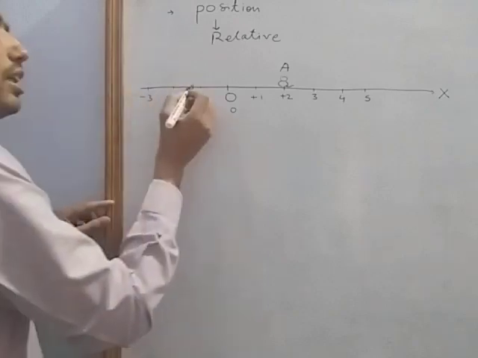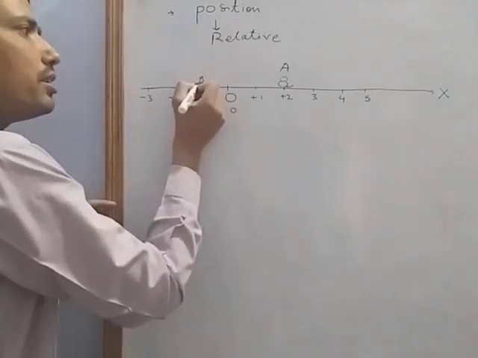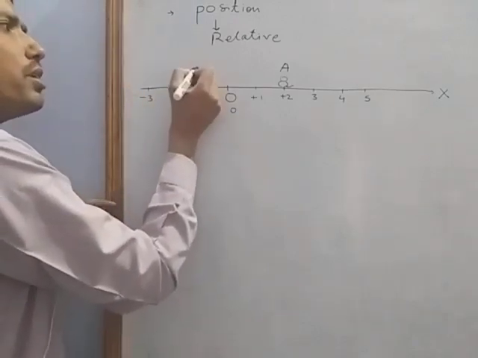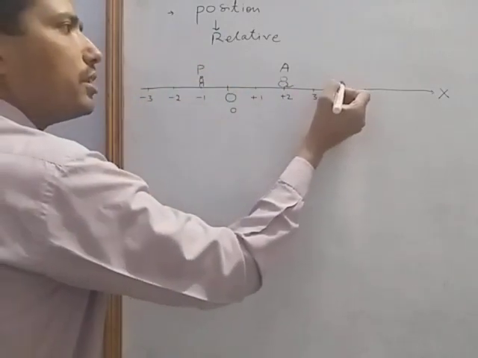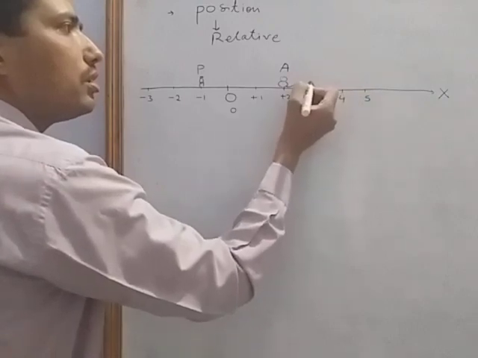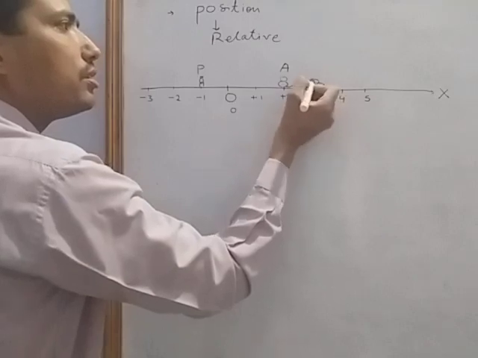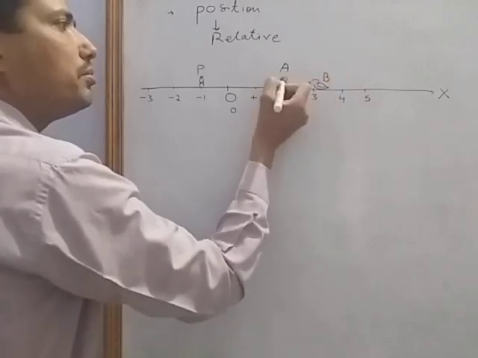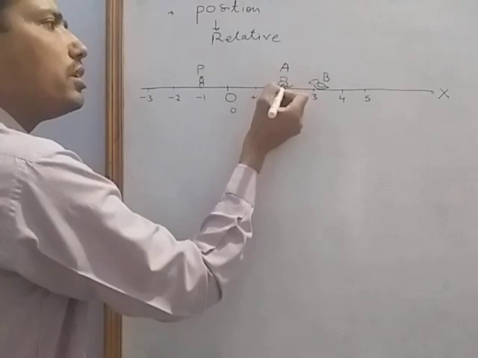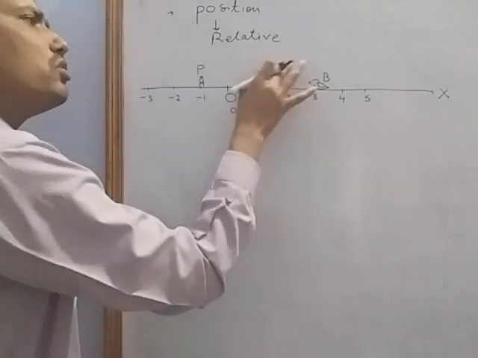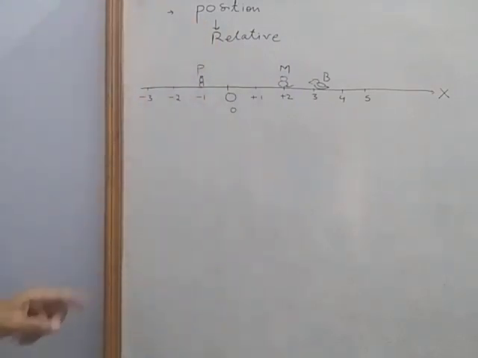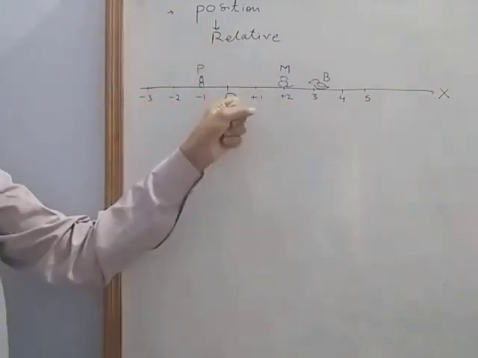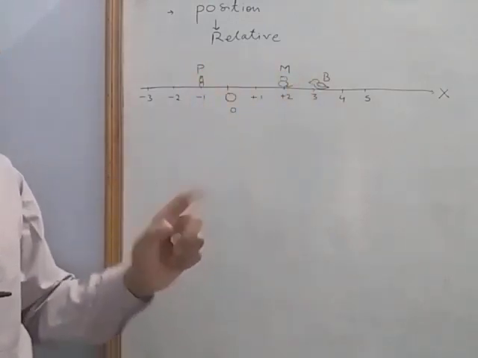Suppose there is a person standing here, whom I'll denote as P, and there is a bird sitting over here. Bird I'll write as B. My monkey is not very prominent, so I'll write it as M. It will be easier for you to understand. So P is the person, M is the monkey and B is the bird.